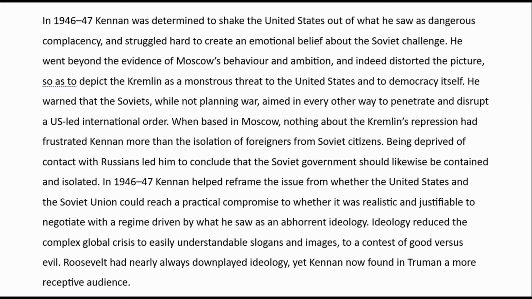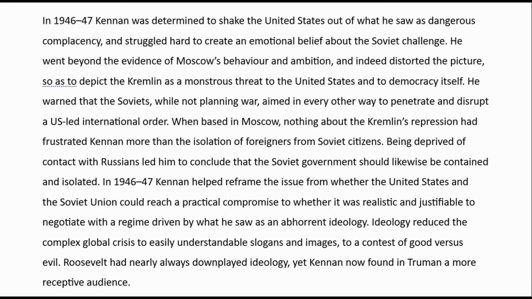He warned that the Soviets, while not planning war, aimed in every other way to penetrate and disrupt a US-led international order. When based in Moscow, nothing about the Kremlin's repression had frustrated Kennan more than the isolation of foreigners from Soviet citizens.